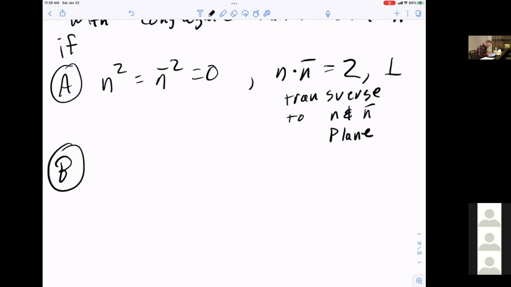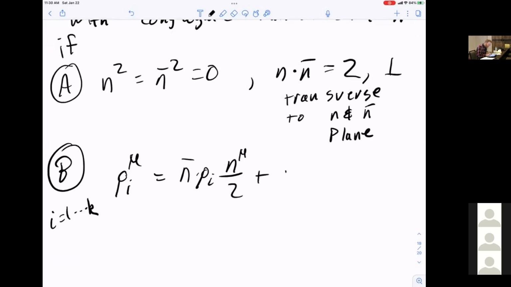Any of my momenta p_i, with i equals 1 through k, can be broken up into my light-cone coordinates, like so.